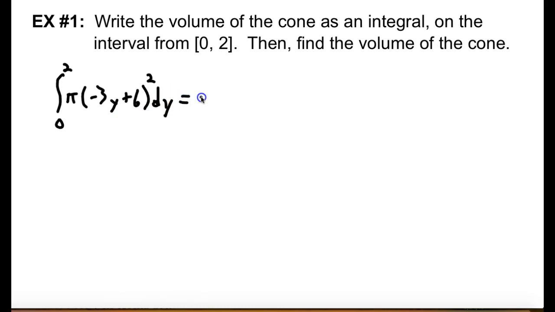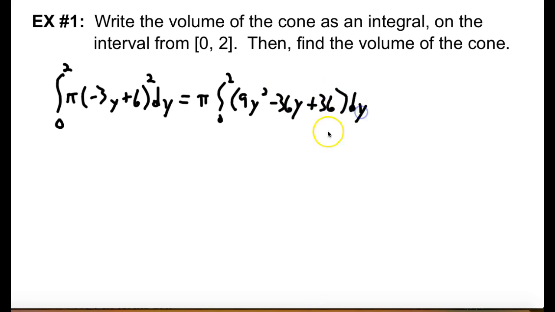So if I pull my pi out front and square what we have here, that'll end up being positive 9y squared minus 36y plus 36 dy.